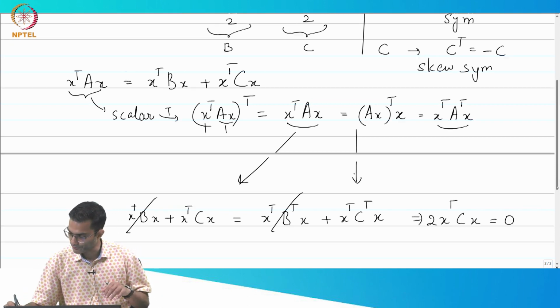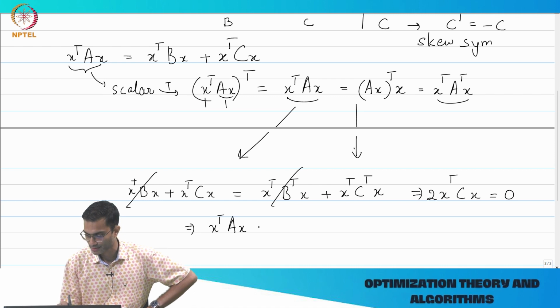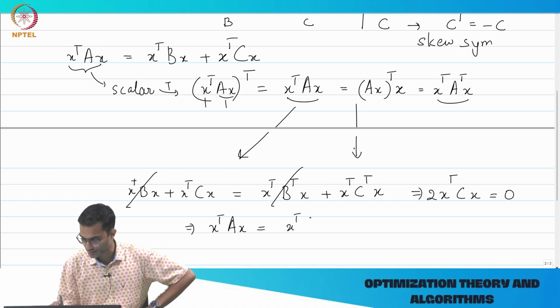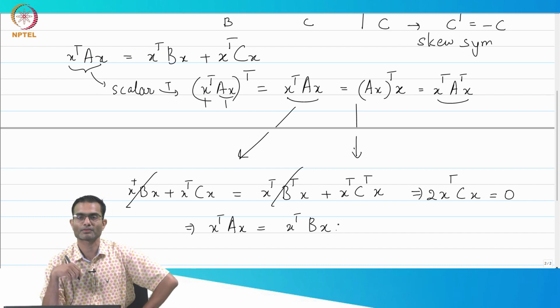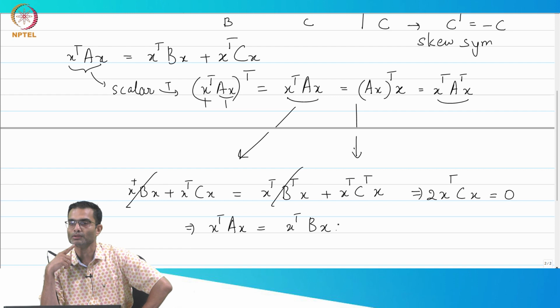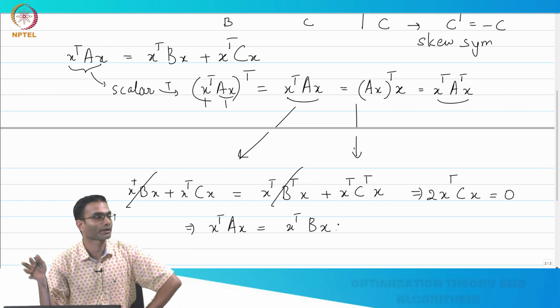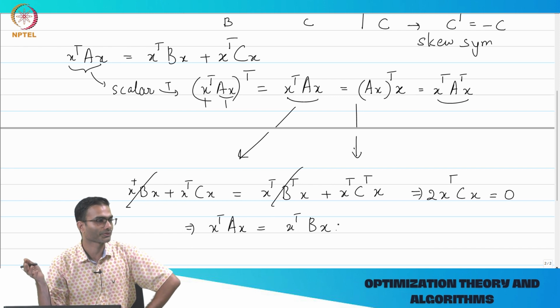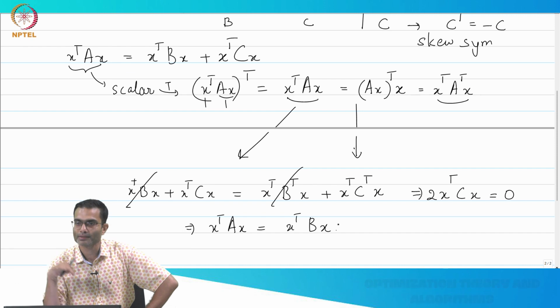So if X transpose CX is 0, this implies that X transpose AX is essentially X transpose BX, because X transpose CX is 0, right? So you see there's absolutely nothing fancy. We didn't even do an eigenvalue decomposition over here, right? So what is it telling you? That it doesn't matter if you add in the skew symmetric part.